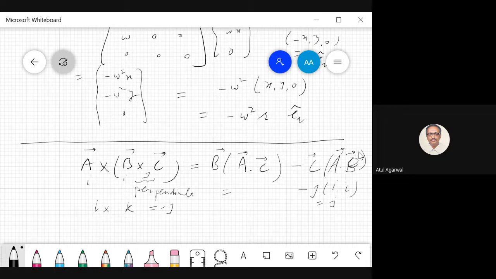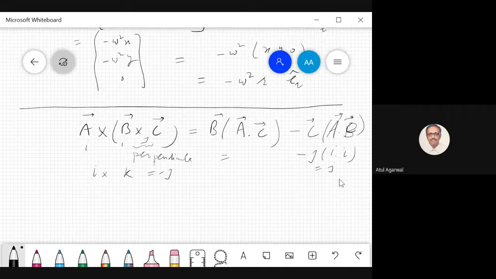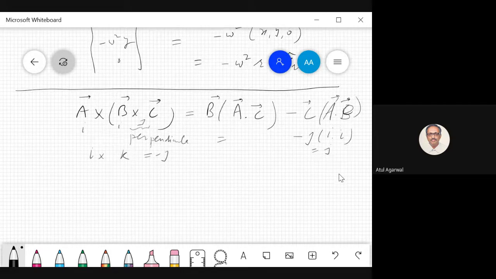Now what I want to find is V cross del cross V. What will this be equal to?